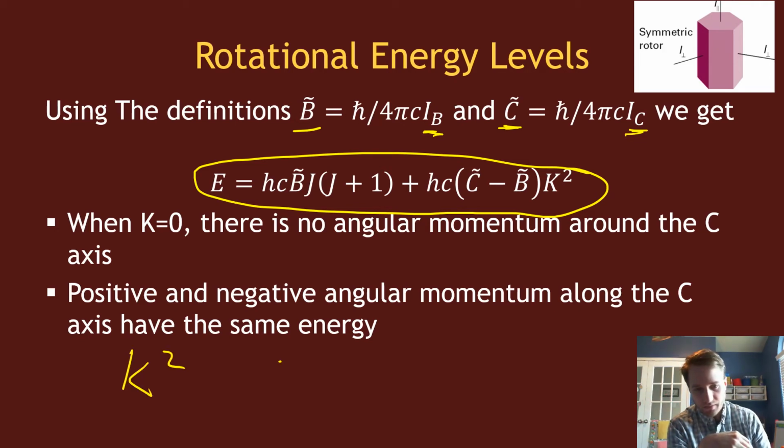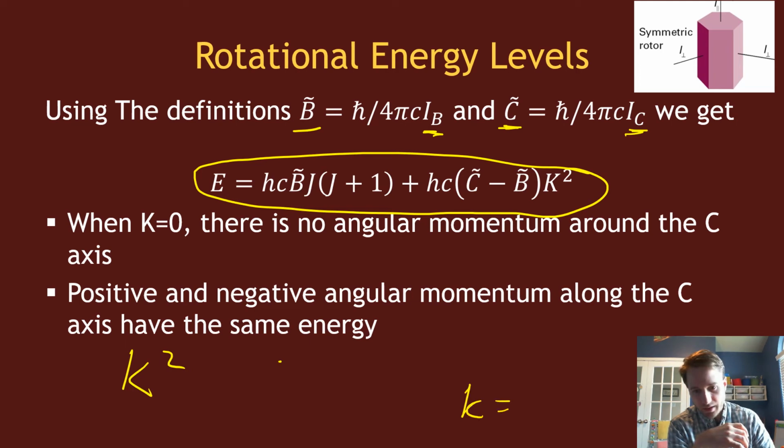If K is equal to minus J, that gives the same energy as when K is equal to J. So these would be doubly degenerate energy levels for a symmetric rotor.